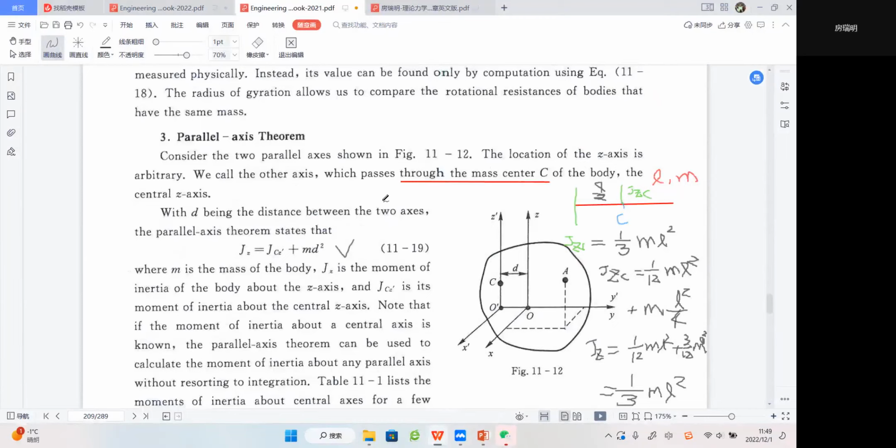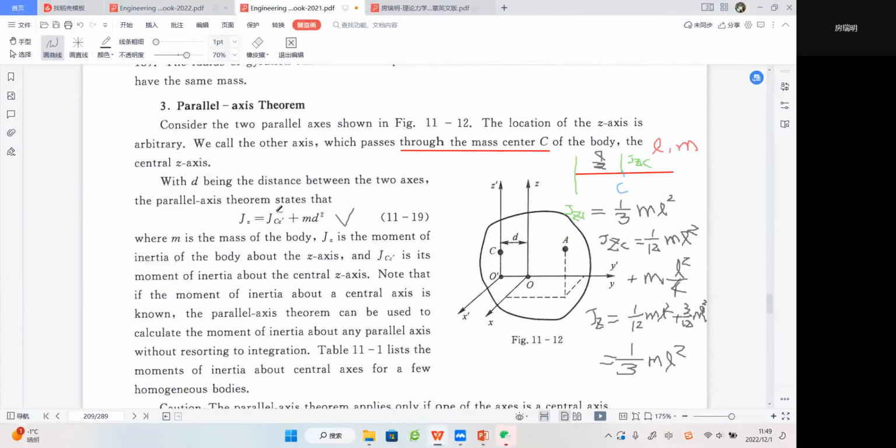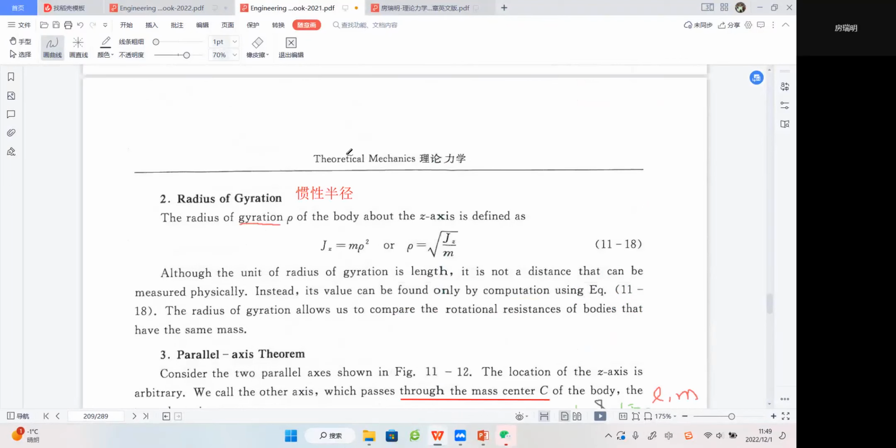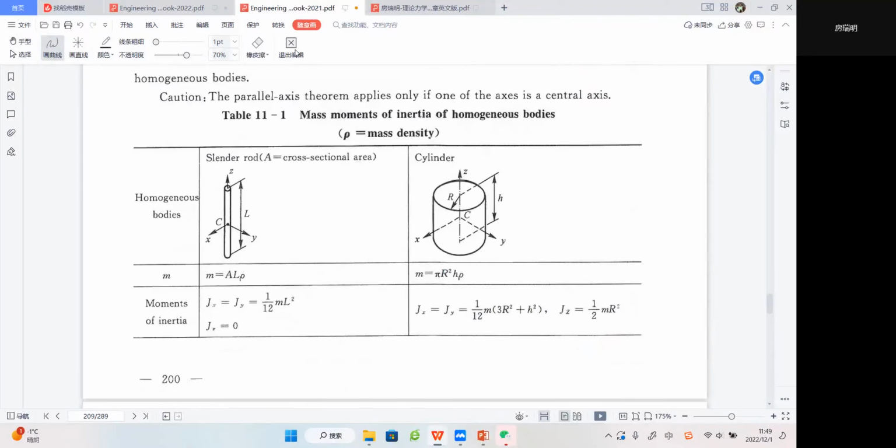Then you can use the parallel axis theorem to calculate it about any arbitrary axis parallel to Zc. That's the mass moment of inertia. Hopefully you are with me. Just look at this table 11-1, which tells us the mass moment of inertia of homogeneous bodies.